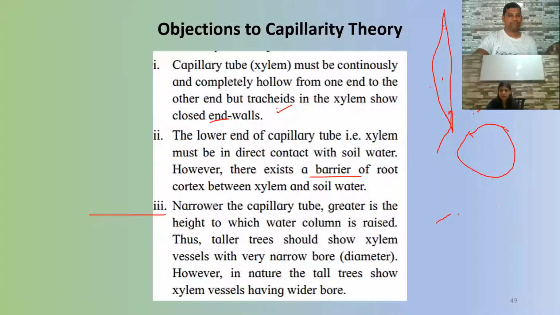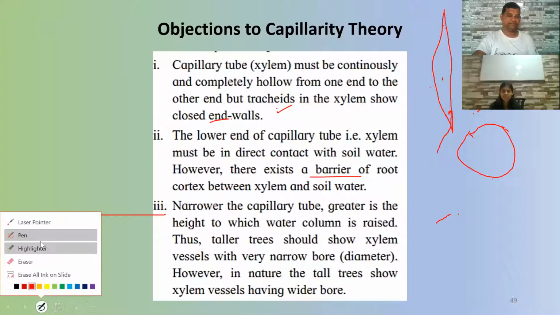Ideally इतना narrow होना चाहिए, then the conduction will be maximum. But ऐसा है नहीं. These are xylem vessels which are quite broad, but still the conduction is taking place. The theory again is questionable.